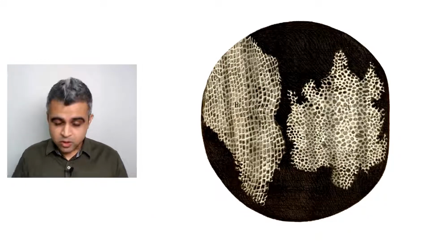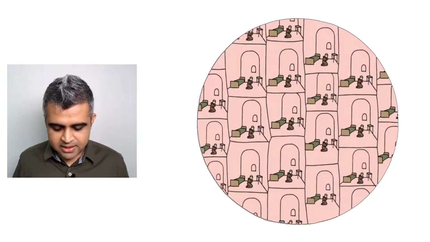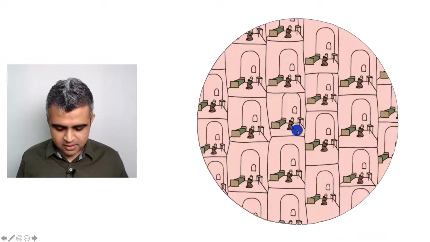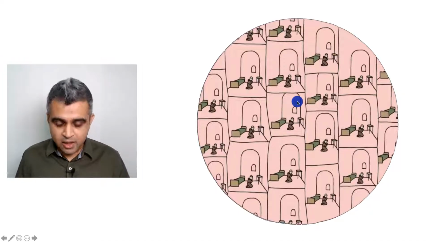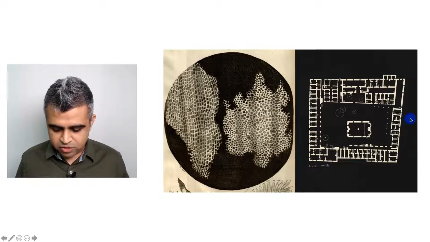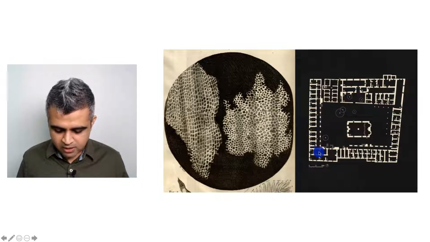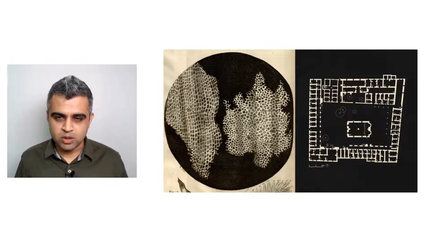So when he was seeing this circle through his microscope, he thought of these things which he saw as these tiny compartments where monks live. So you remember he was an architect. If we were to look at this architectural drawing of a monastery, all these little compartments that you see here are rooms where the students who wanted to become monks were going to stay.